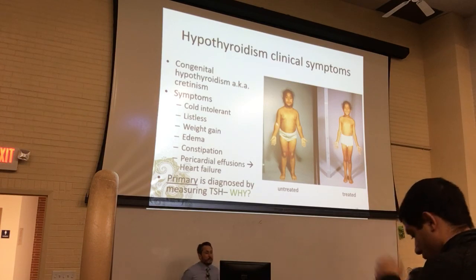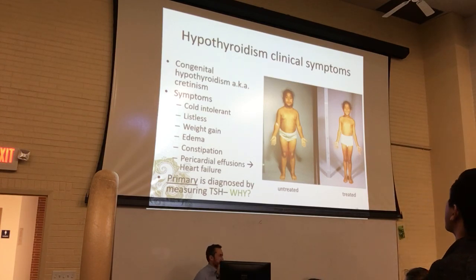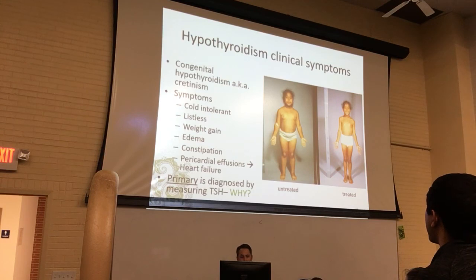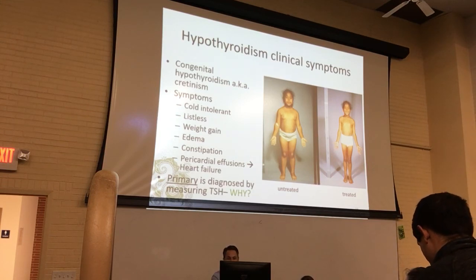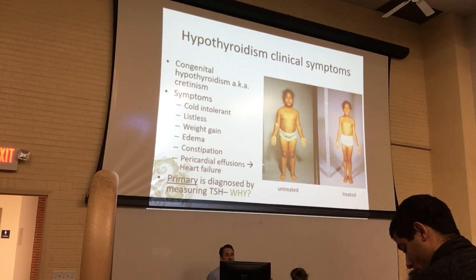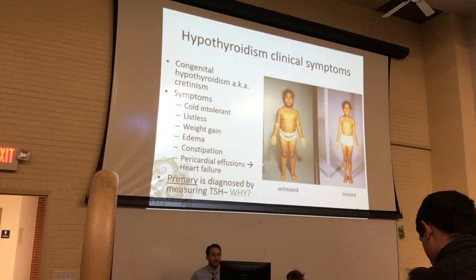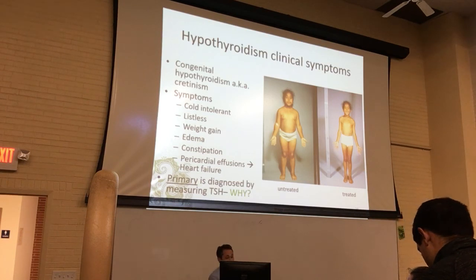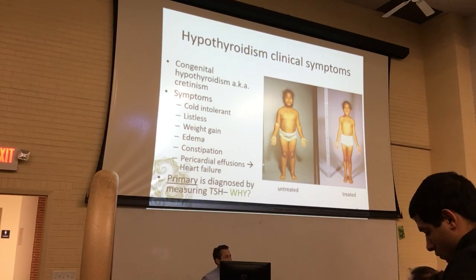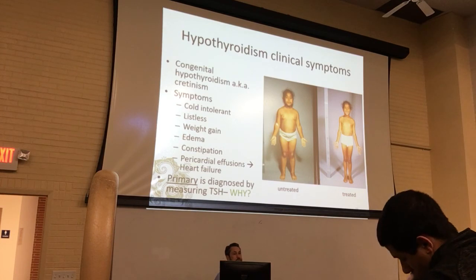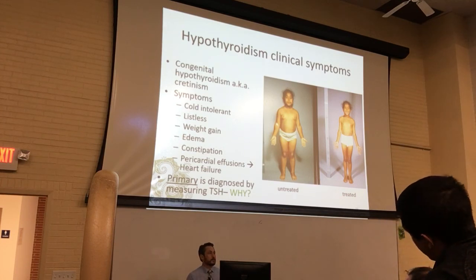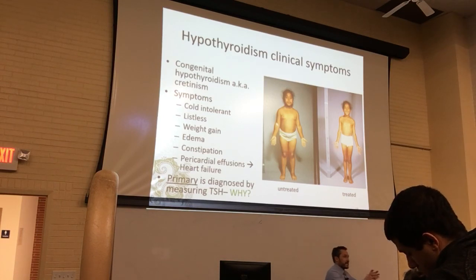So the primary diagnosis here is looking at TSH. And so I'm asking the question as to why. Well, a low TSH level, the thyroid is likely overactive, so you've got hyperthyroidism. So if you have less TSH being released by the anterior pituitary, it's in efforts to try to control the thyroid hormone levels. Okay, so if the thyroid itself is not making enough hormone, right, it's underactive hypothyroidism.